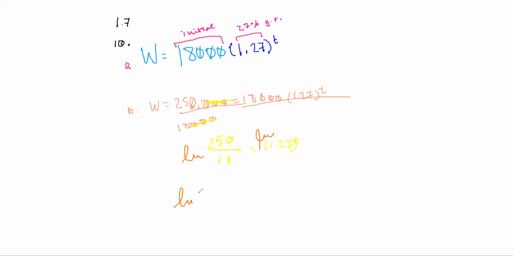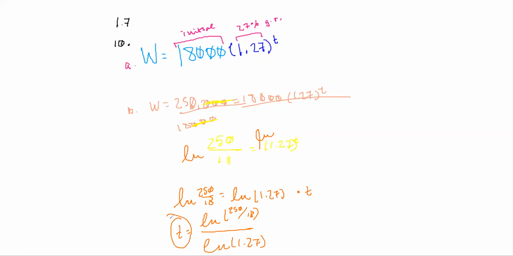So the natural log of 250 over 18 is equal to the natural log of 1.27 times t, because this t got brought down. And so t is going to be equal to the natural log of 250 divided by 18, divided by the natural log of 1.27. I got a little confused partway through there, but that is what our t is going to be equal to, and that is when W is equal to 250,000 megawatts.